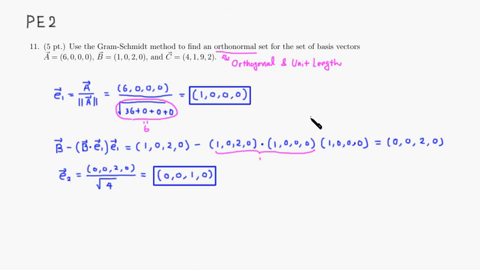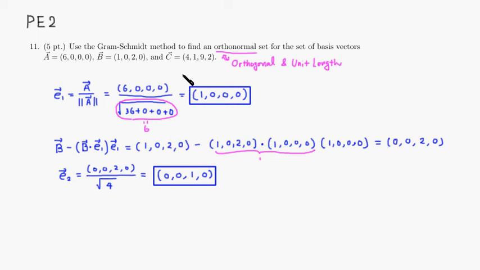Then for the third one, since we already have two vectors, we have to take away the component of C in the direction of E1 and the component of C in the direction of E2, to make sure it's orthogonal to both E1 and E2.